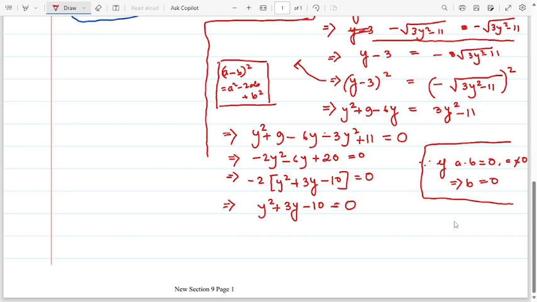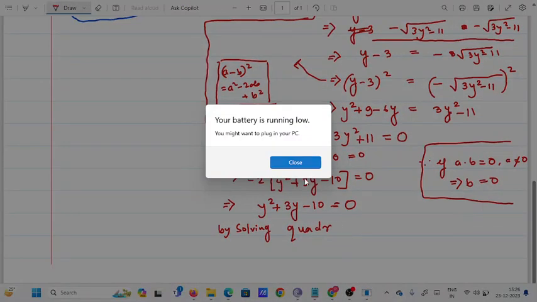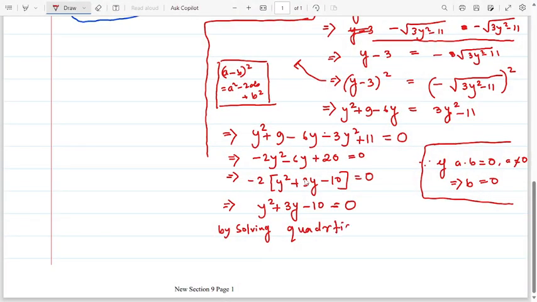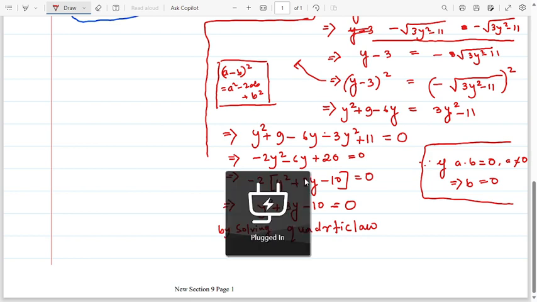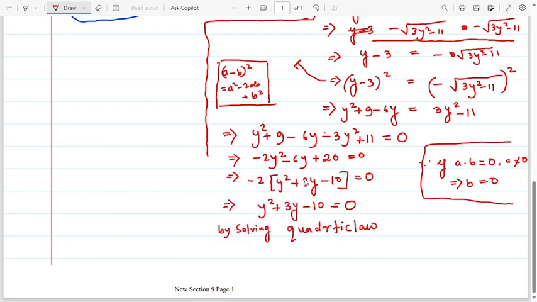So could you tell me how do we solve this one? Yes, by solving the quadratic equation. So guys, could you tell me what is the quadratic formula to solve an equation?